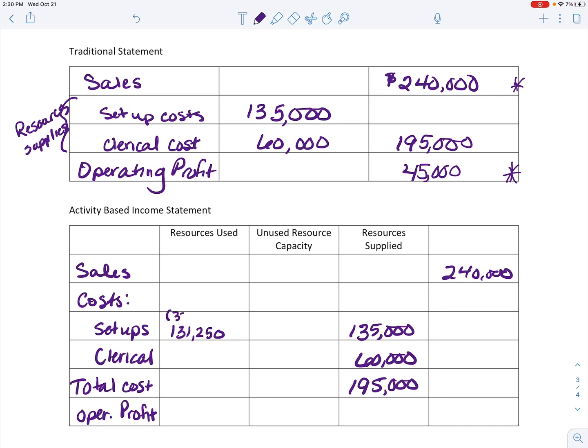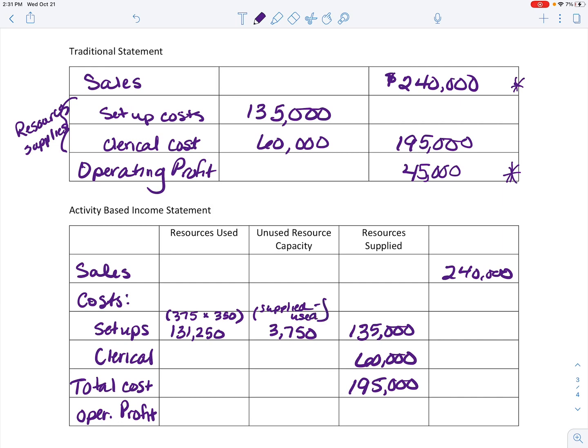Again, this is the 375 times the 350. Now I just want to subtract these two to determine what is my unused resource capacity, which is $3,750. So I'm taking my resources supplied and subtracting those used.